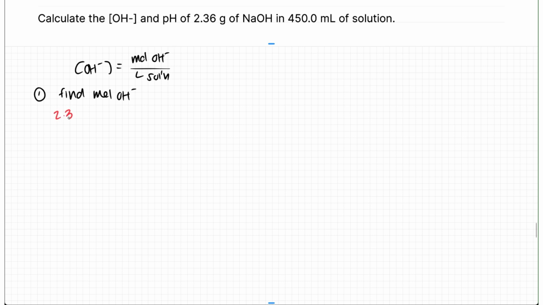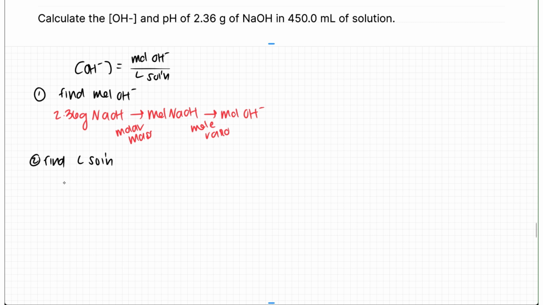To find the moles of OH-, we're going to take the 2.36 grams of NaOH, use the molar mass to turn it into moles of NaOH, and then use the mole ratio from the equation to find moles of OH-. For our second step, we're then going to find the liters of solution.